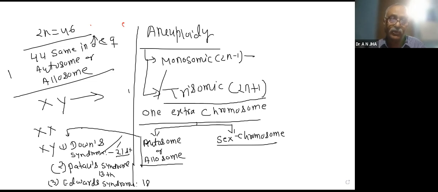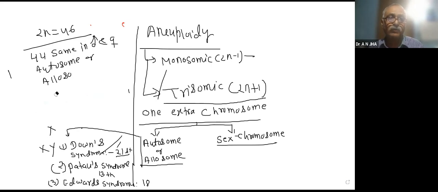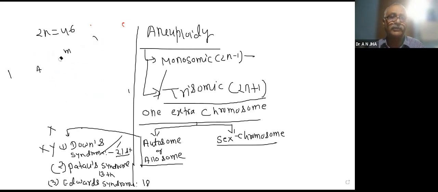So from these normal 44 chromosomes, only three types of syndromes are recorded. You can ask, what will happen if the 9th or 5th chromosome becomes extra? The question may arise in your mind. If other than this 21st, 13th or 18th becomes extra, then there is no survival.